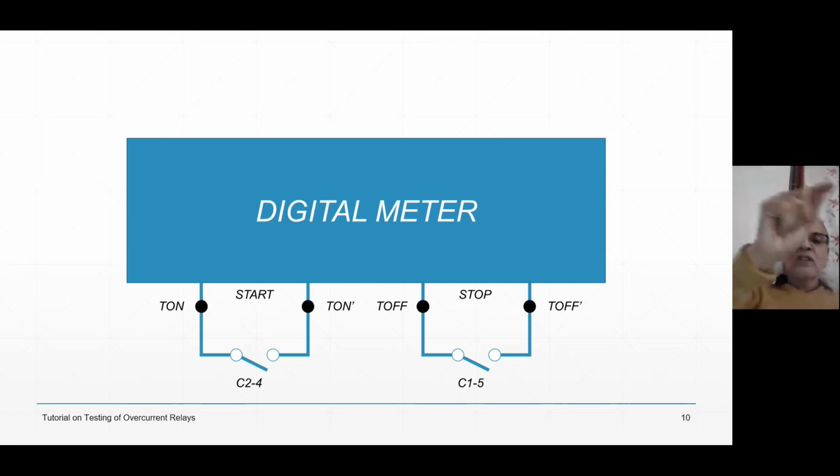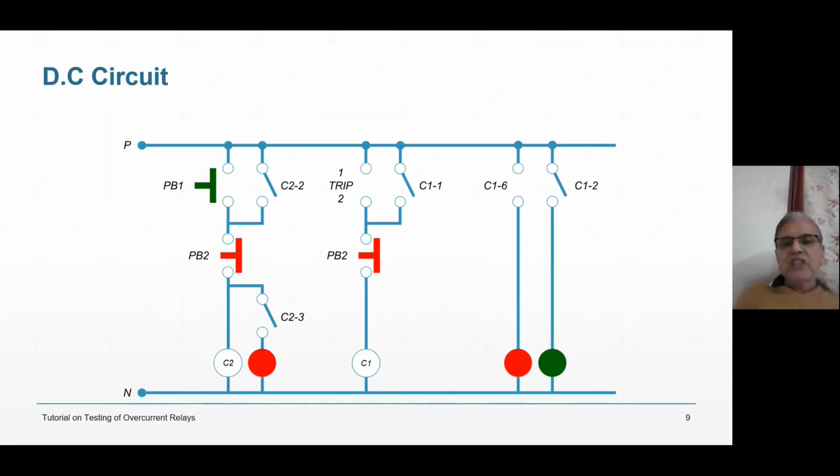Once C2 is on, current starts passing through the relay, so the timer starts, and when C15 operates, the timer will stop. You will be able to measure the time of operation of the relay. C1 will become on when the breaker trips, when the relay operates. That we will see.